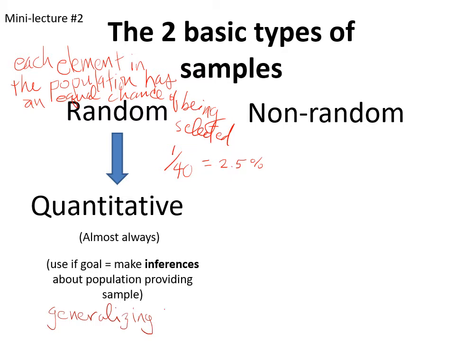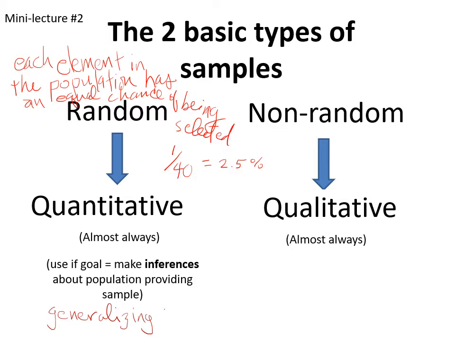All right. So non-random samples typically, qualitative research usually relies on non-random samples as a rule of thumb, though there are also some kinds of quantitative. I put quant here as a shorthand, those mean the same thing.